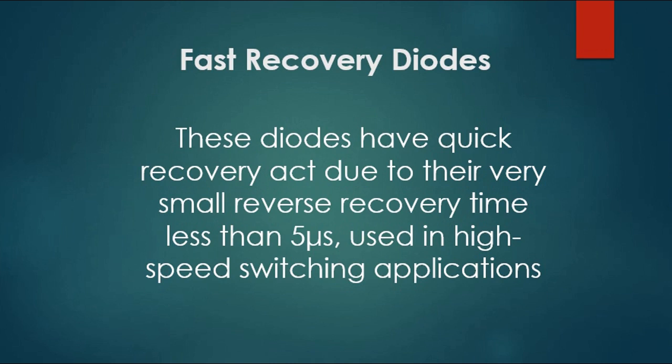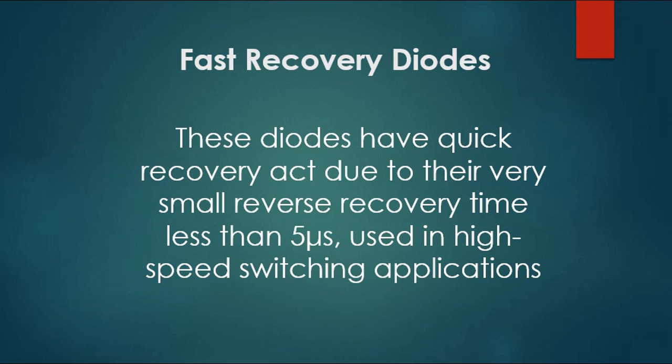So now we are in fast recovery diodes. These diodes have quick recovery due to their very small reverse recovery time, less than 5 microseconds. I repeat, these diodes have quick recovery due to their very small reverse recovery time, less than 5 microseconds.